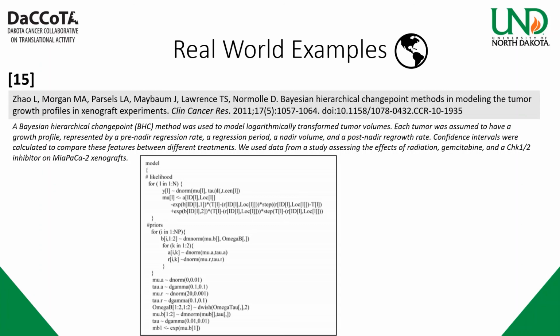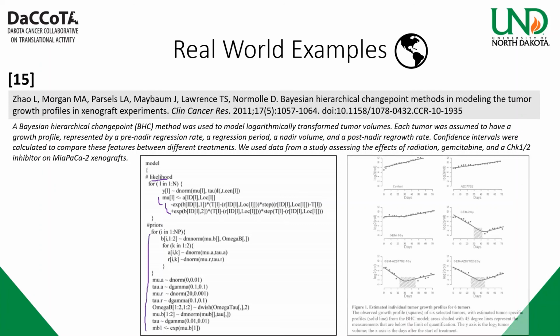You have the likelihood, a pretty complicated mu, and pretty extensive priors, but it's cool to see it in action. And then they got these change point models of days and the volumes of these tumors. You can see these are modeled a little bit differently than just a simple linear relationship.